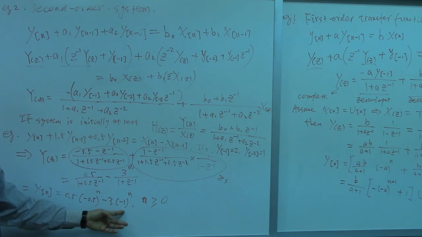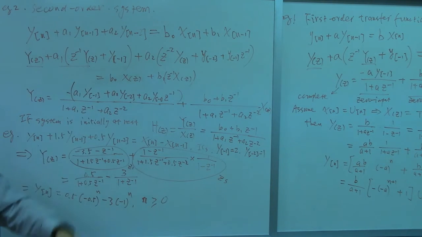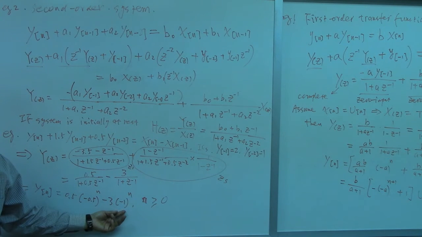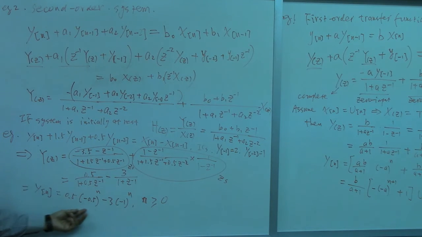Same thing here: this one oscillates, 1, negative 1, 1, negative 1, like this. So this one never decays to 0 or goes to infinity. So you can see the properties of the output from this representation.